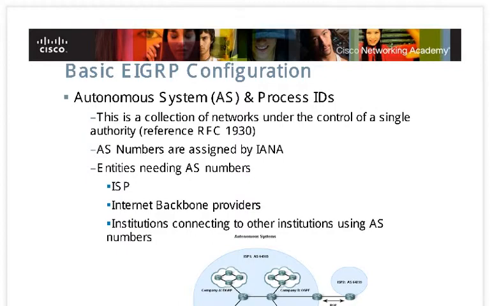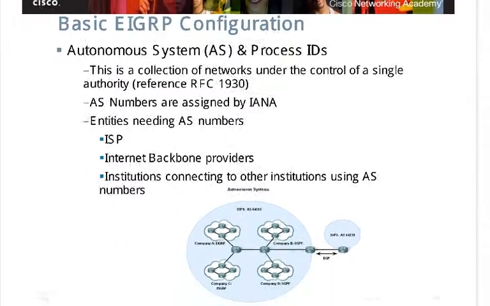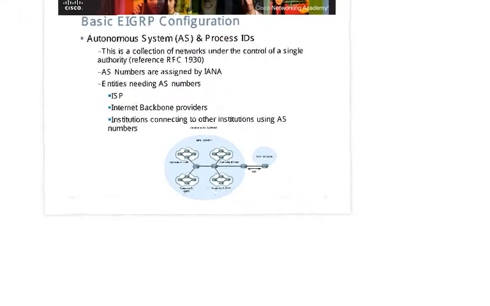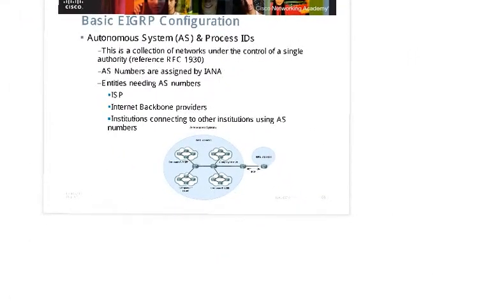We have the concept of autonomous system as well, which we have discussed before. There is a big difference between autonomous system and process ID. And that's another a little bit confusing part: there is the autonomous system as a concept, and there is the autonomous system field as part of the EIGRP header. Those two notions mean different things.